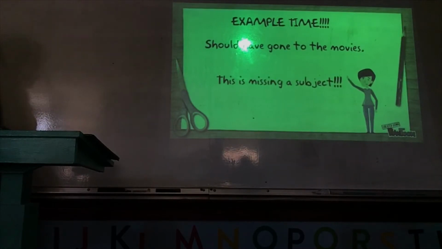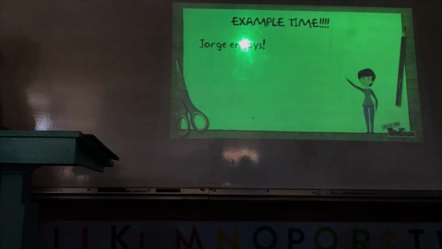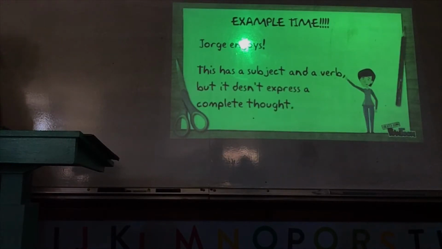This is a fragment, it's missing a subject. The amazed family. This is also a fragment and it's missing a verb. Jorge enjoys. Now that's definitely a fragment. It doesn't have a complete thought. Even though it has a subject and a verb, Jorge enjoys doesn't express much.